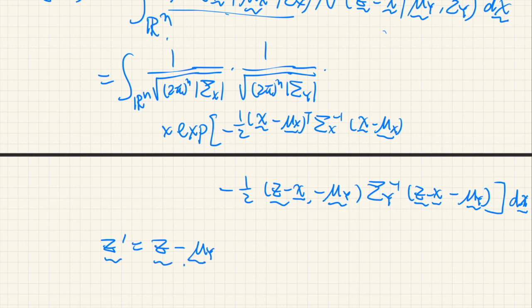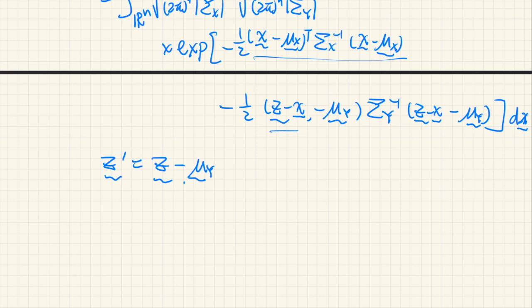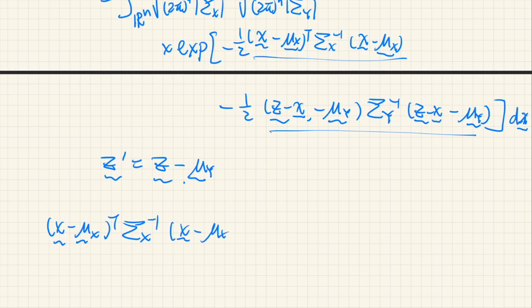Then consider this exponent part: (x minus mu x) transpose sigma x inverse (x minus mu x) plus (z prime minus x) transpose sigma y inverse (z prime minus x). From now on, it's just a brute force calculation, so I'll just do the calculation.